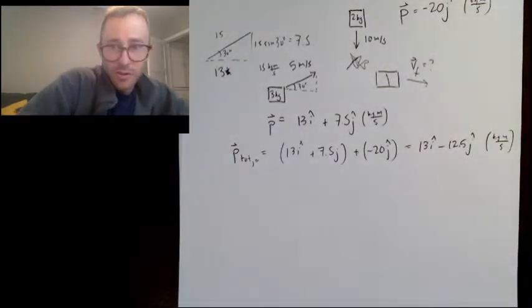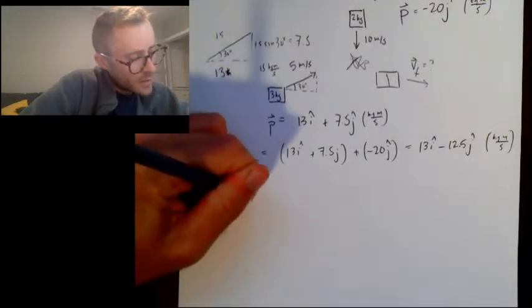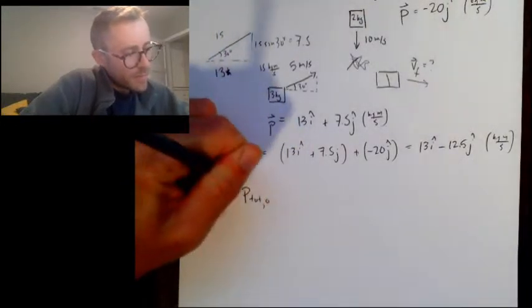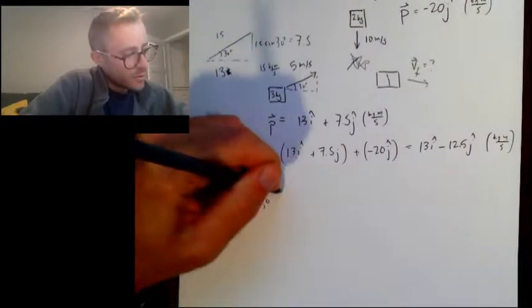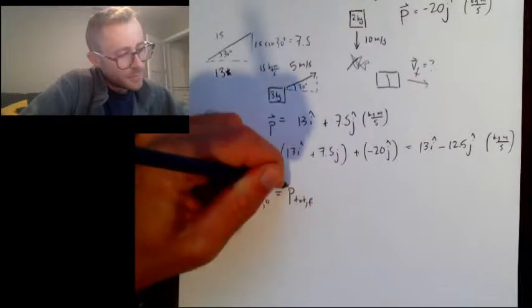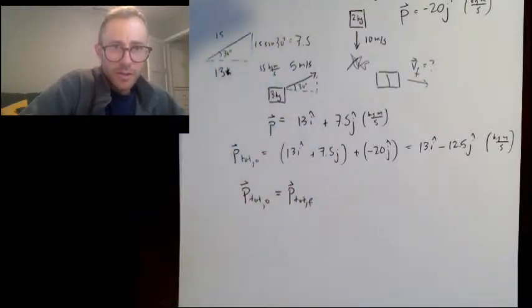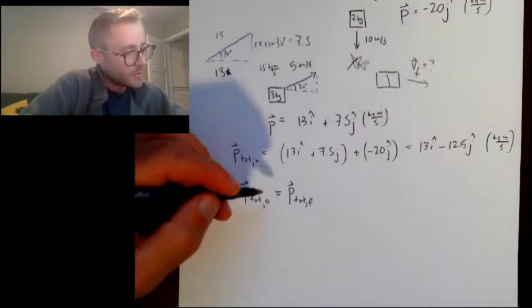Now, as we learned last time, momentum is always conserved in collisions. So the total initial momentum has got to be equal to the total final momentum. Total initial momentum has to be equal to the total final momentum.